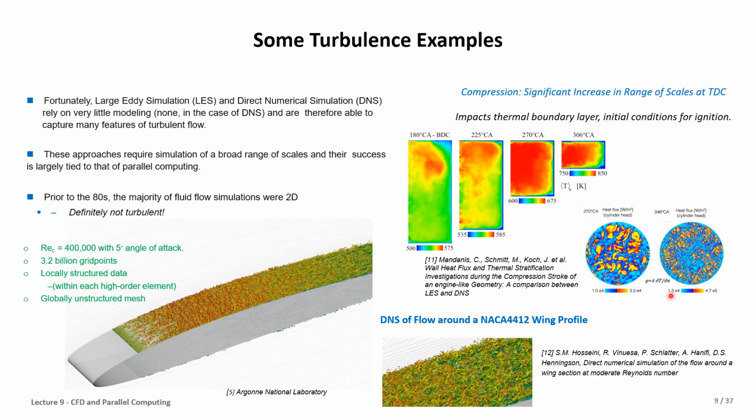On the top of the cylinder head, when we look at it, we can see at 270 degrees and 346 degrees how much difference we have in the scale. Here the scales are too small.